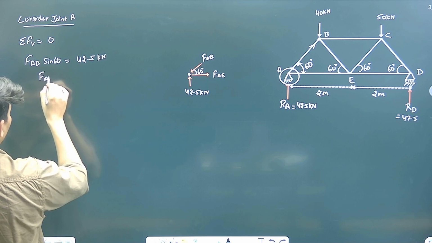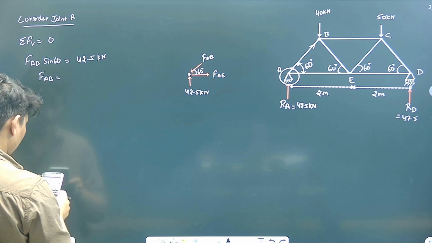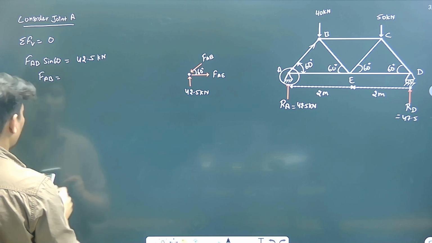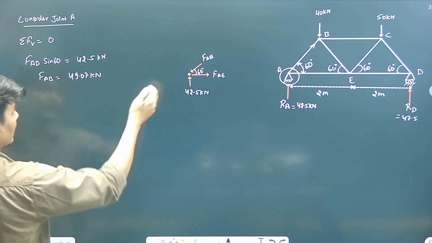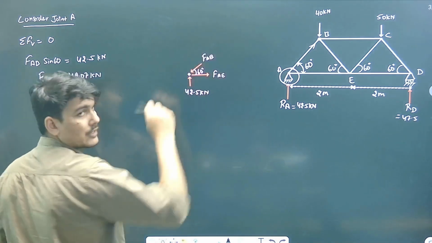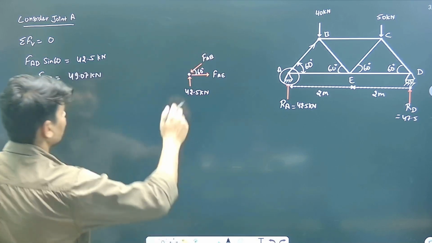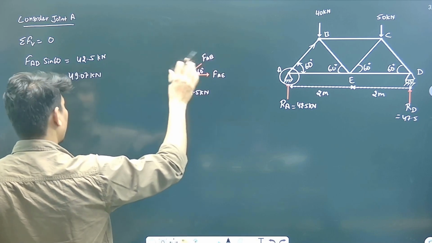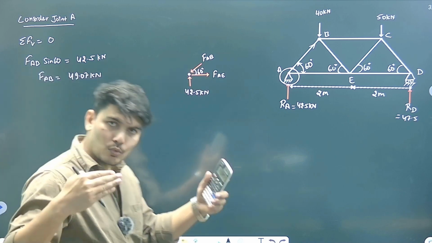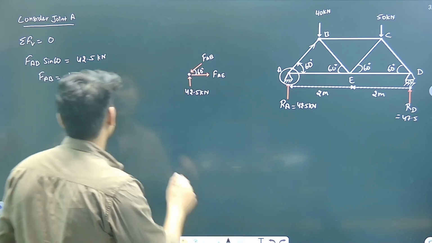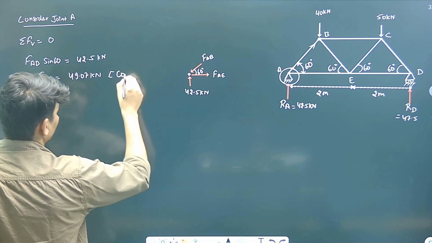F of AB will be equal to 42.5 divided by sine 60, that's 49.07 kilonewton. And as the result is positive, the assumed direction is correct. That means F of AB, the force in the AB member, we have considered accurately. And what is the nature? It is towards the joint, so it is compressive in nature. We will write the nature alongside as well: nature is compressive.